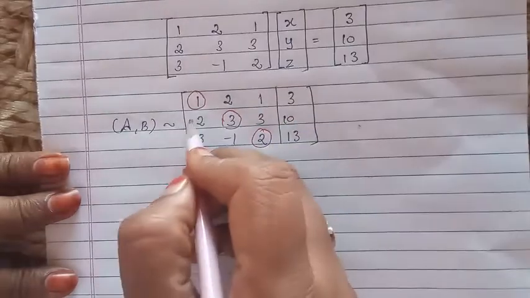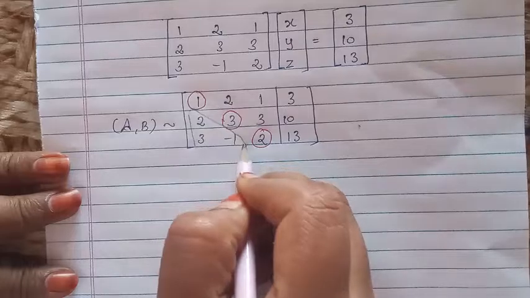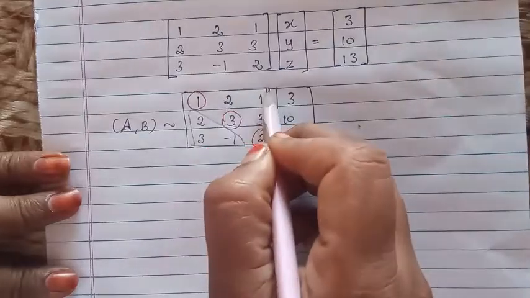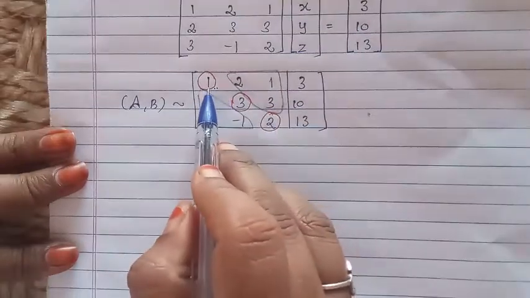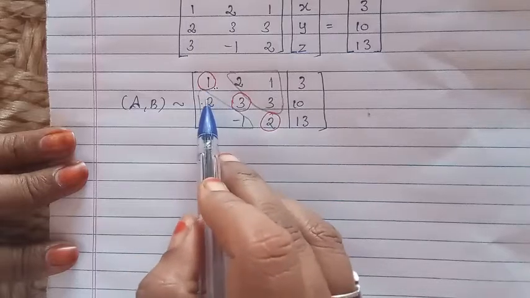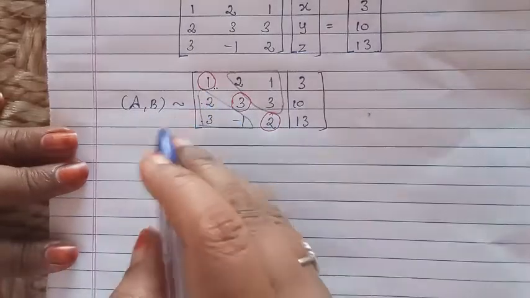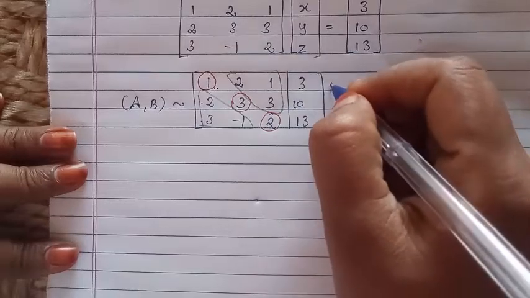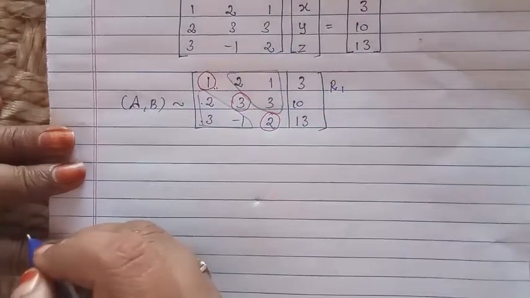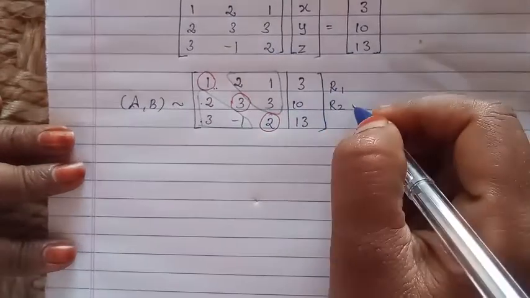First we'll reduce it to an upper triangular matrix, and then we can perform the lower triangular reduction. First we will take this diagonal element and reduce the elements below it to 0, and then we shall proceed to the next column.